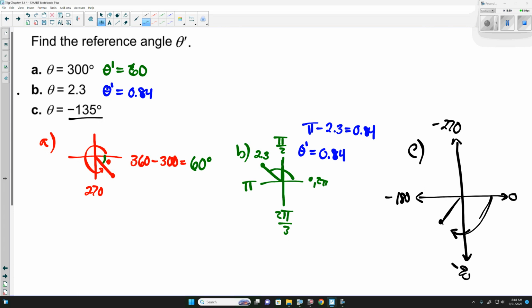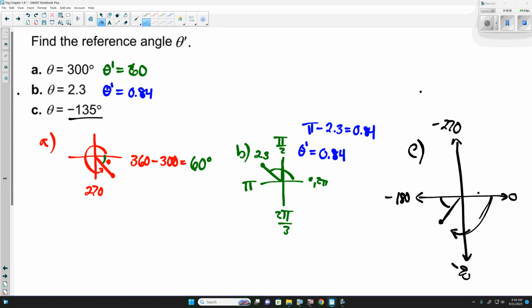And this one is where it gets a little tricky, because we don't want to know that whole angle. What we want is just this little piece. We want the difference between negative 180 and negative 135, yes? So what am I doing?